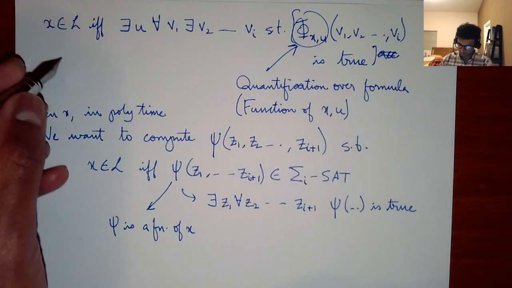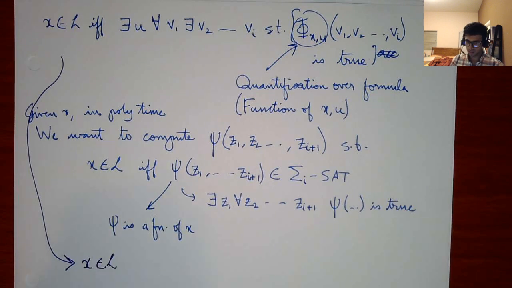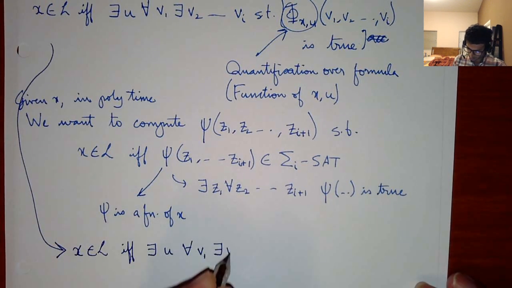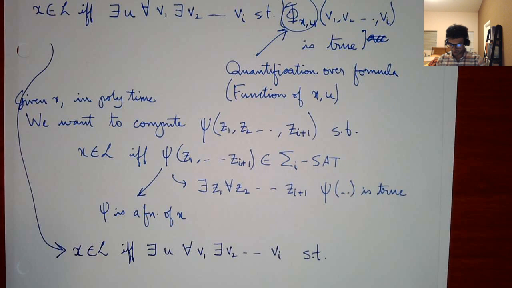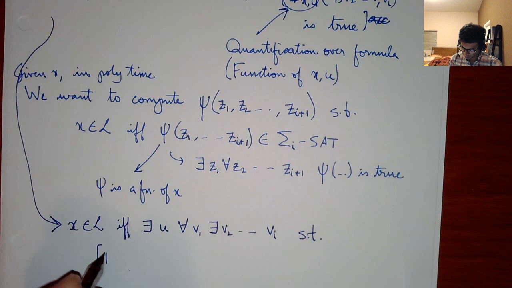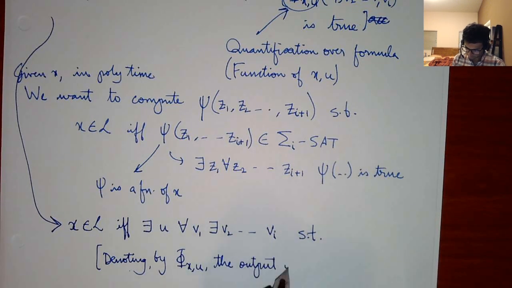So let me take this and rewrite it. I'm going to say x is in L if and only if there exists a u such that for all v1 there exists a v2 up to vi such that, I'm going to write this out in gory detail, denoting by phi of x u the output of the reducer.